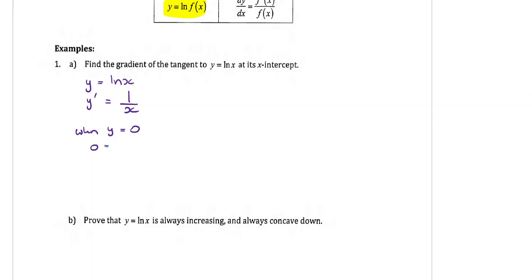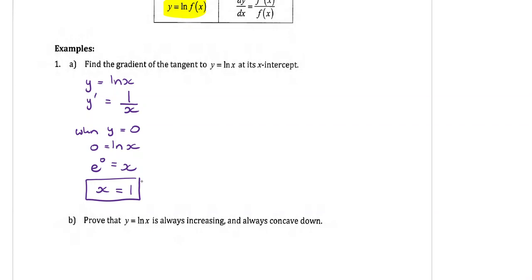So that's 0 equals ln of x. How do I solve that equation? Remember, that's a log base e. So if you slide your base, the e will come over and it will be e to the power of 0 is equal to x. e to the power of 0 is 1. So x is equal to 1.